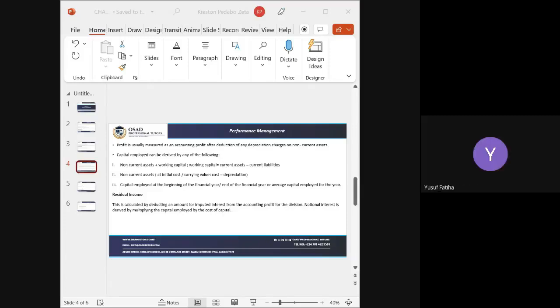So let me change the screen to our visual Excel sheet.